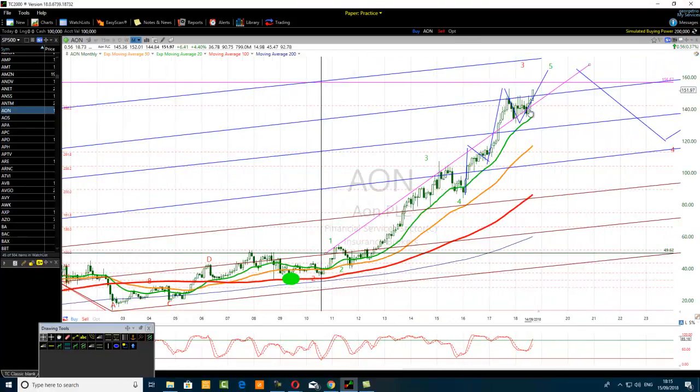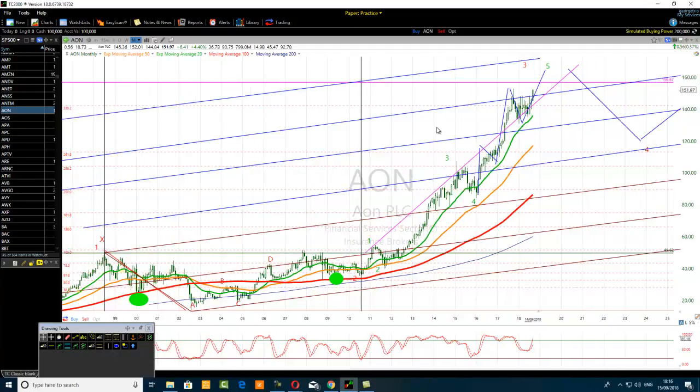The price is just ricocheting. It's just touching it gently here. You see how that trend line is just connecting those two, how it's just sitting on it, trying to form the fifth minor wave of the fifth minor wave of the third wave.